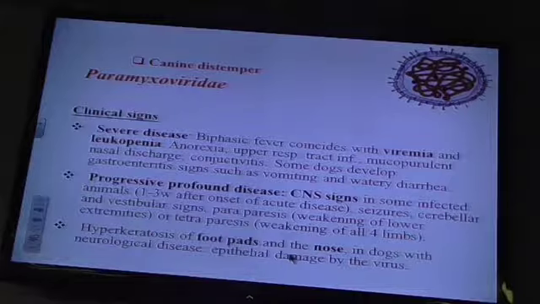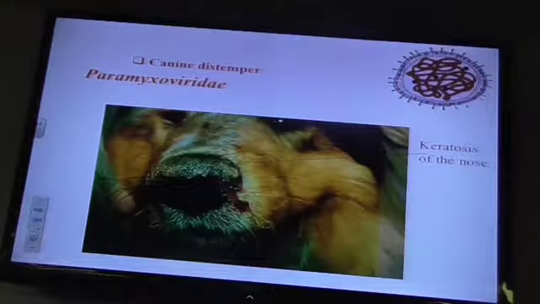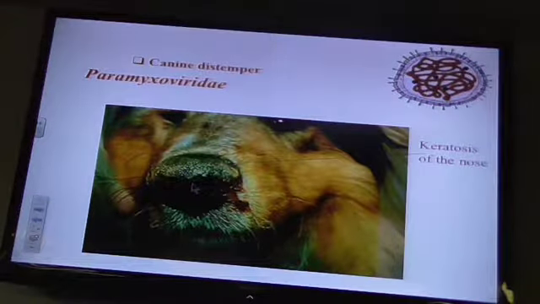Now I show you the picture of a dog having crust on the nose, and that's because of the infection of epithelial cells present in those locations, the epidermis. As a result of the infection, you have secretion of keratin, which causes the crusting around the nose.